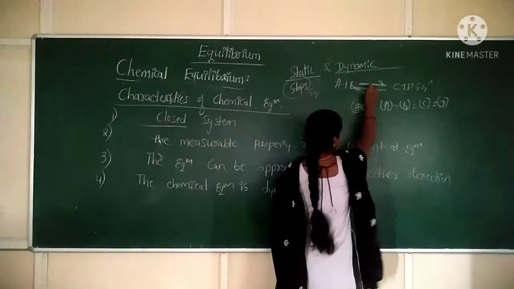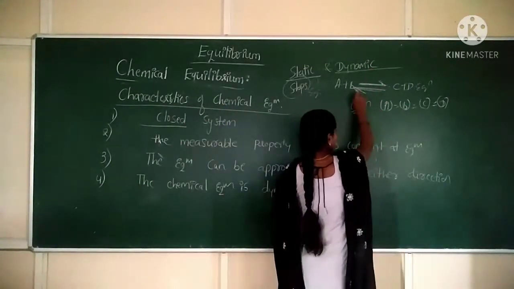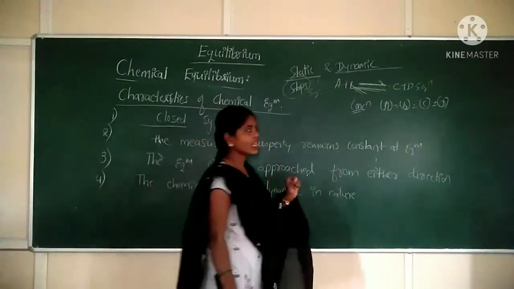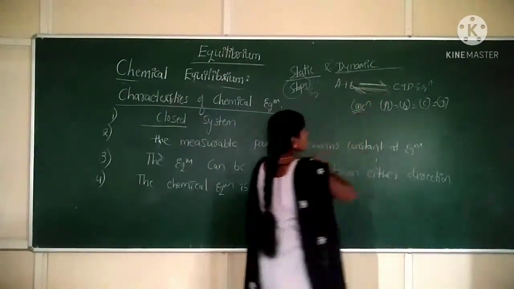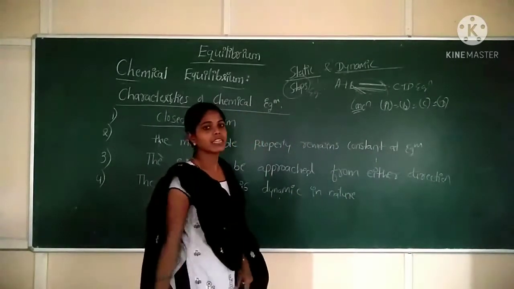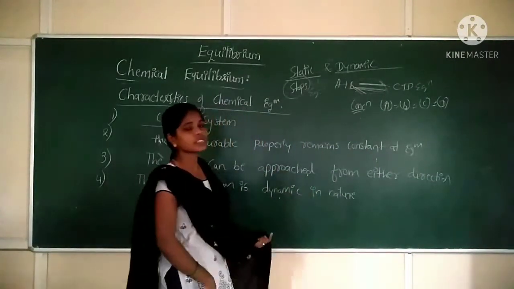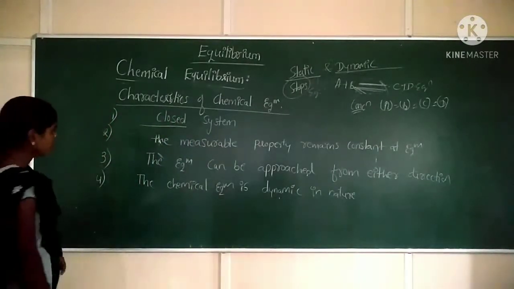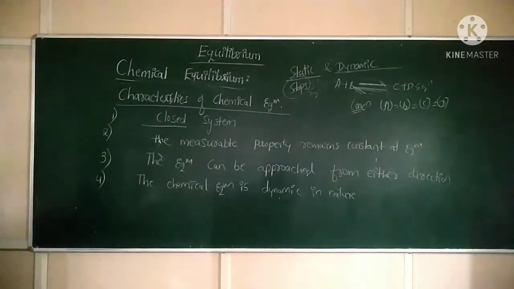Both in the forward direction as well as in the backward direction, the reaction proceeds with the same speed. That is the important thing. Both forward and backward directions take place. That is your dynamic equilibrium. Clear? So these are the characteristics of chemical equilibrium.